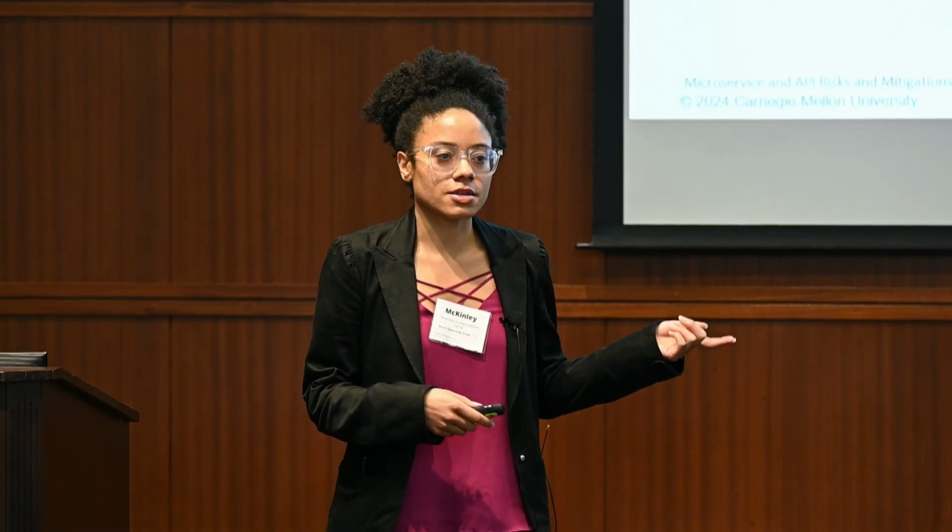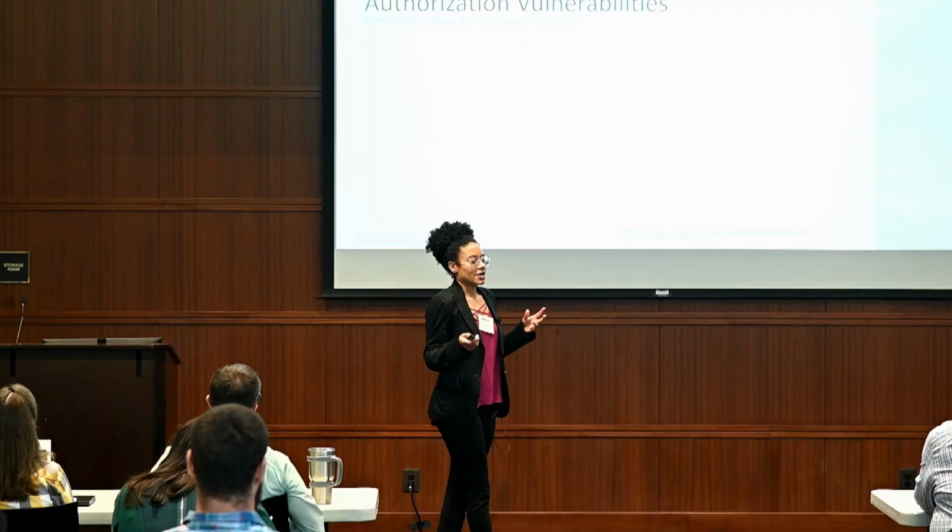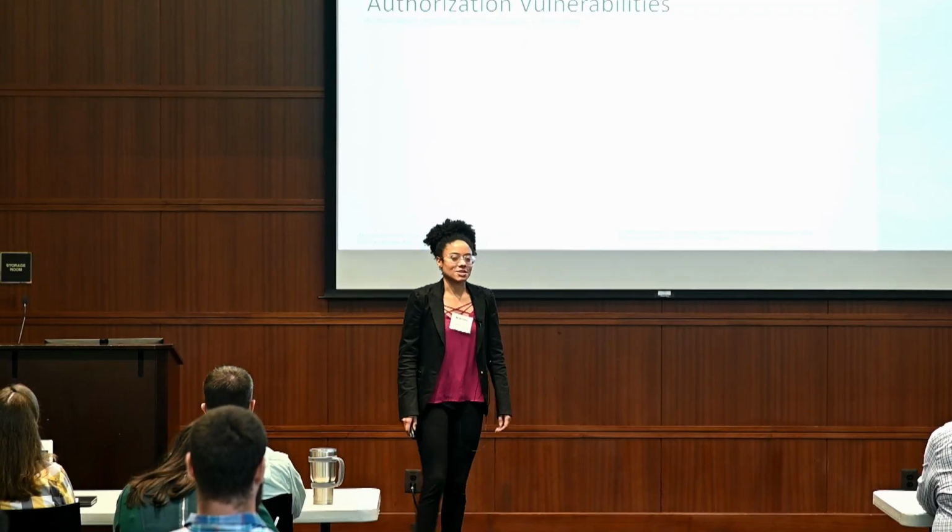So onto vulnerabilities. This presentation is in large part from a paper that I wrote about API and microservice risks and vulnerabilities. I showed you the risks, and the paper talks about a lot of vulnerabilities, more than I have time to discuss here today.